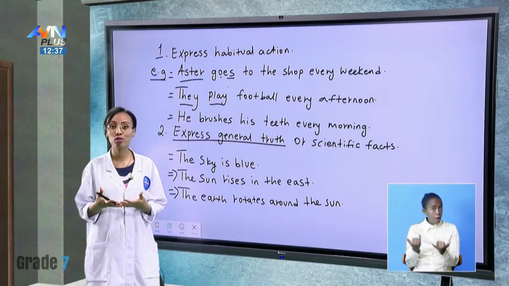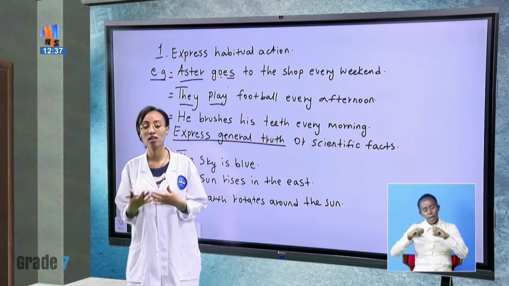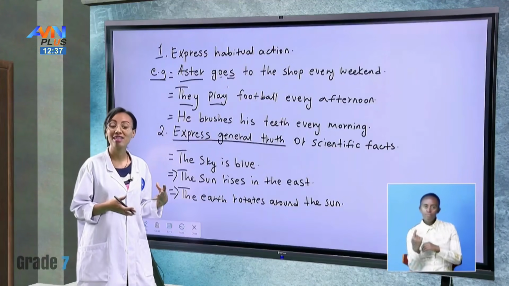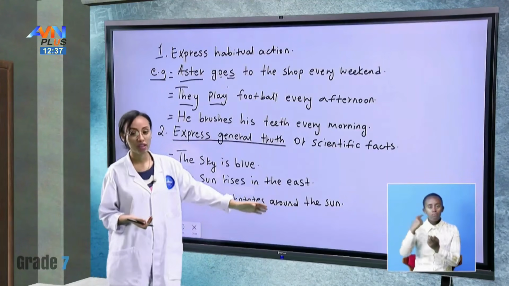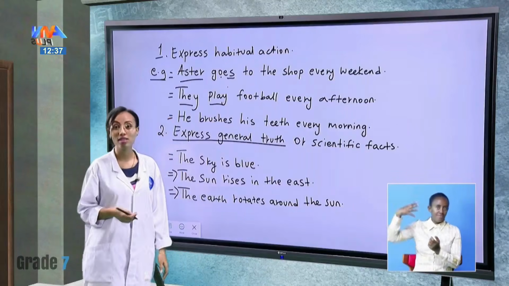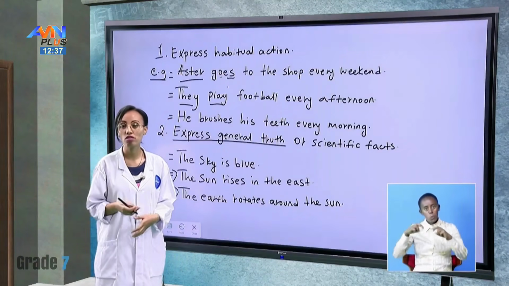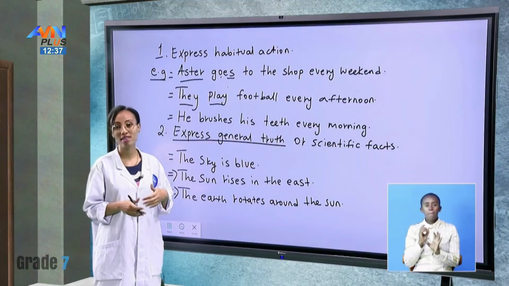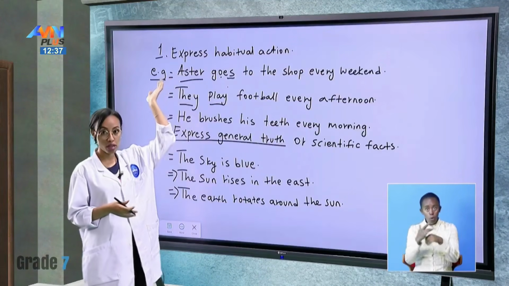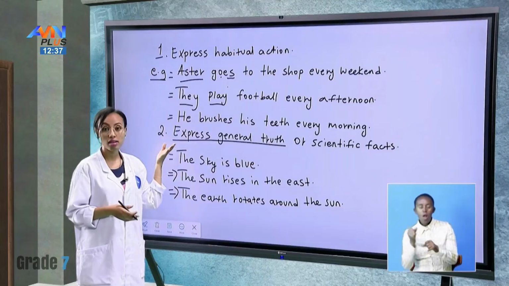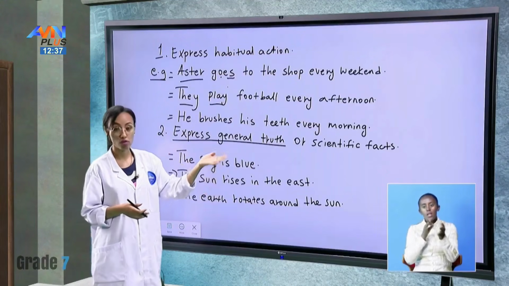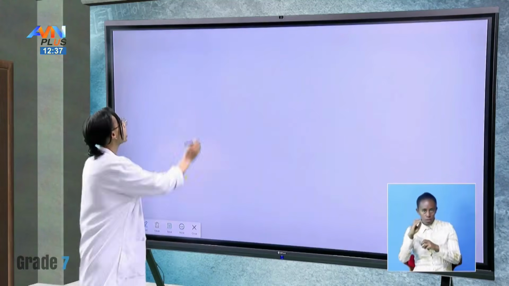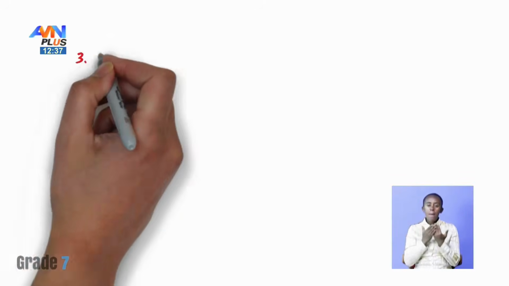But now, because of science, because of technology, we know that it is the earth and other planets that rotate around the sun. So these are what? Scientific facts, and these are general truths. So we always use the simple present tense to talk about, first, habitual actions, and second, to express general truths or scientific facts. What about the third way of using the simple present tense?